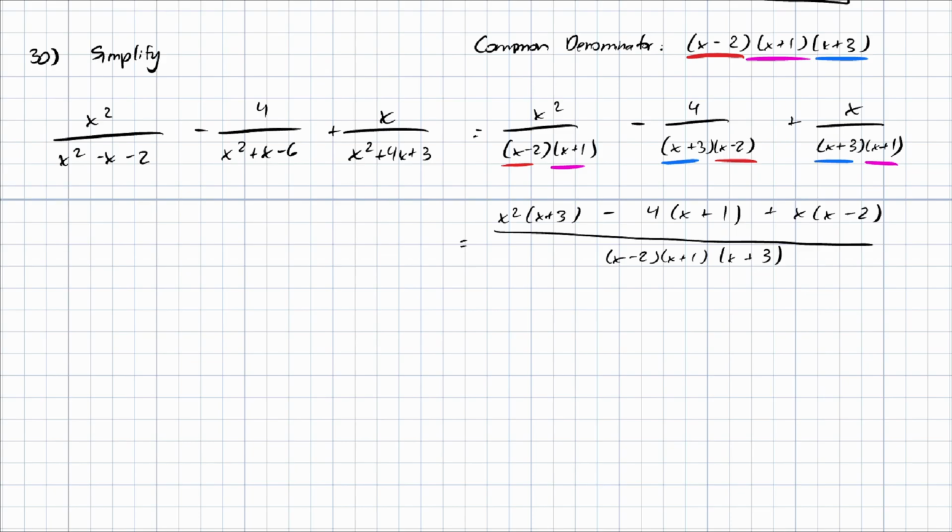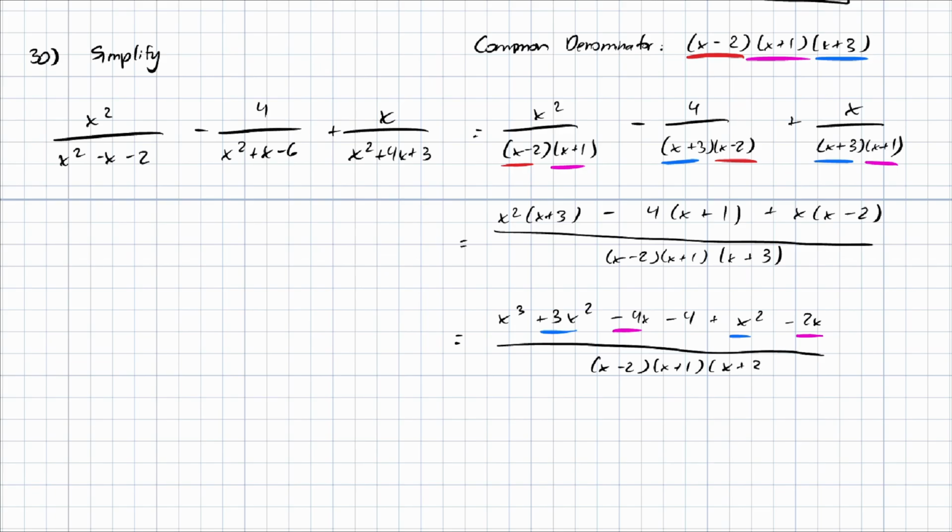All right, let's simplify this. I'm not going to bother simplifying the bottom. That's just atrociously bad for my health. x cubed plus 3x squared minus 4x minus 4 plus x squared minus 2x. I have some like terms here. The x squareds go together, the x's go together, over x minus 2, x plus 1, x plus 3.